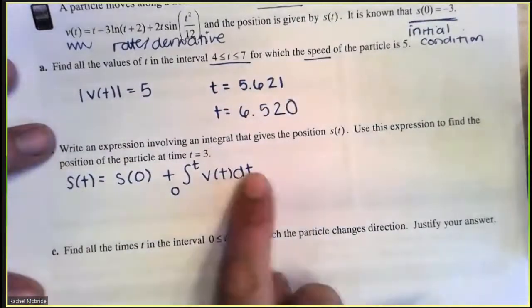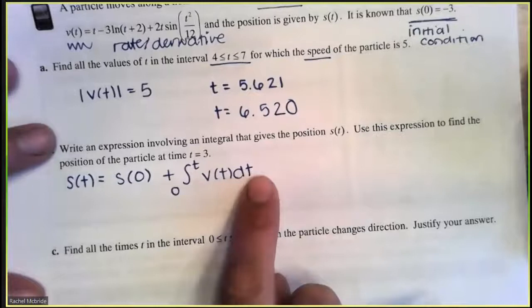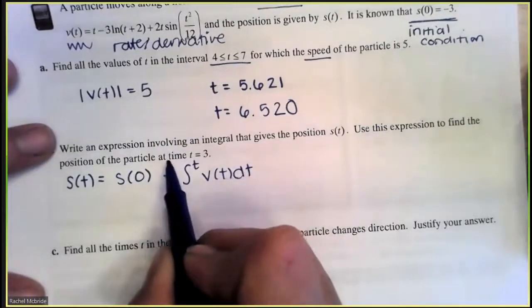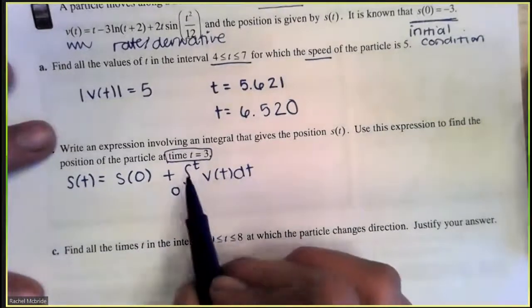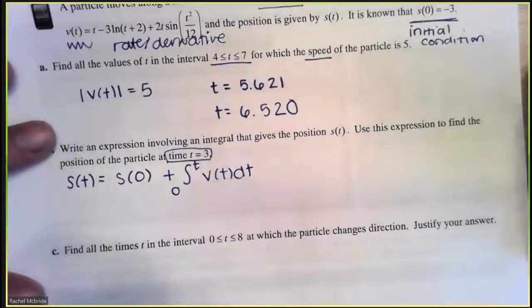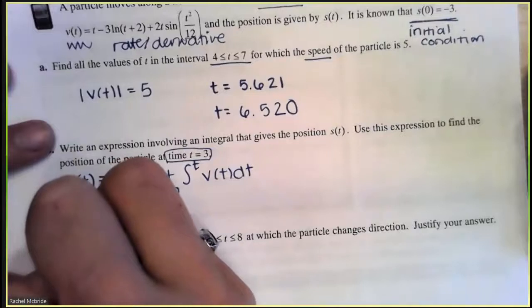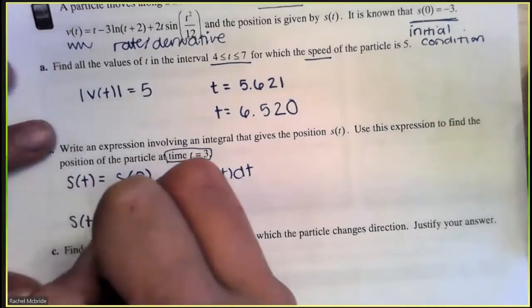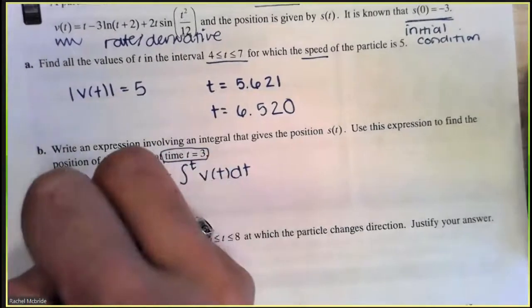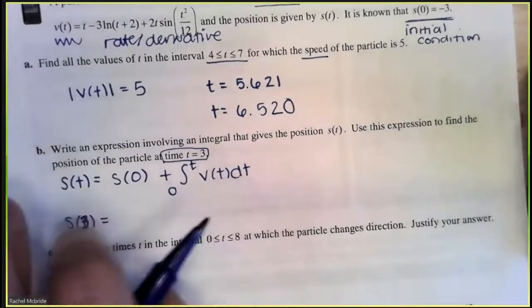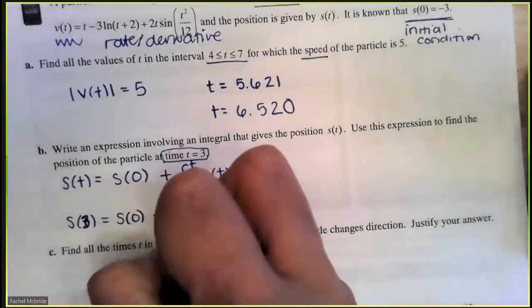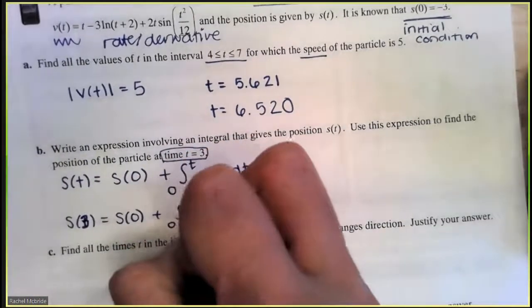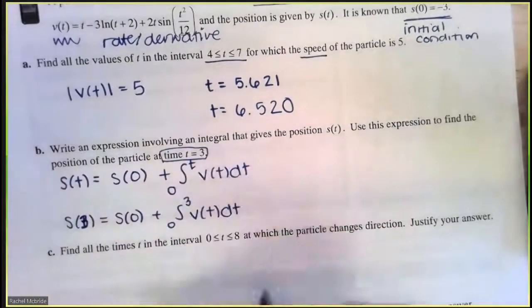This is what we call the general form. For this problem, we're trying to find the position of the particle at time t equals 3. So where I have my t here, I'm going to change that to 3. So it'd be s of 3 equals s of 0 plus the integral from 0 to 3 of v of t dt.